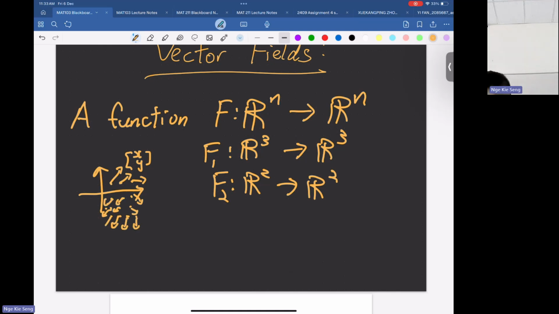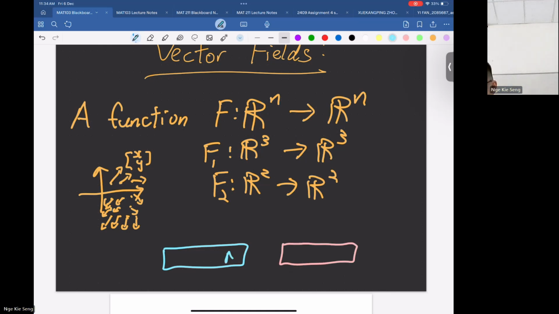Maybe you ask, what's the use of putting an arrow there? If you studied physics before, one place you'll see this is magnetism. What does a magnet do? Attract or repel.